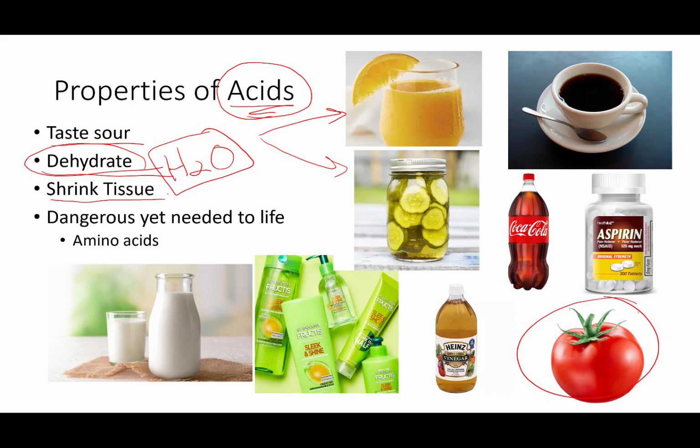So one of the places that it is used is in hair products. For example, if you ever see hair products that say sleek and shine, well, hair itself is made of lots of little plates on the hair shaft, and these plates can get frizzy.